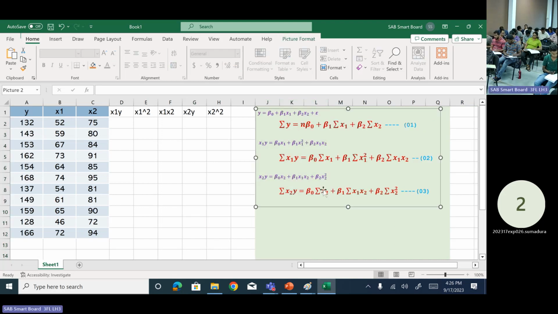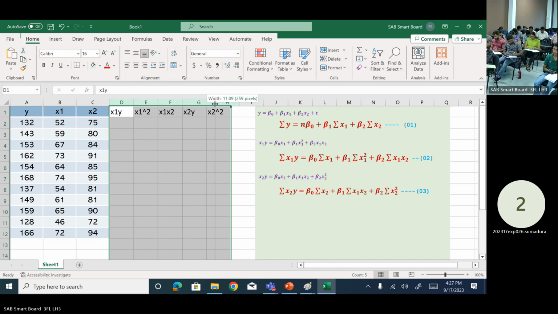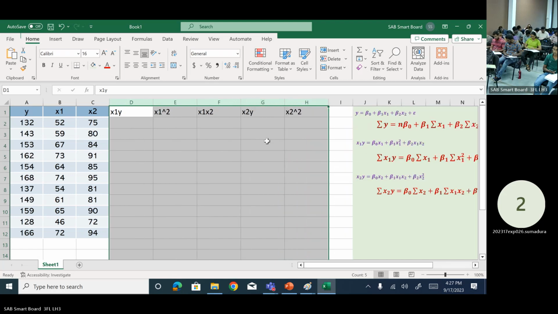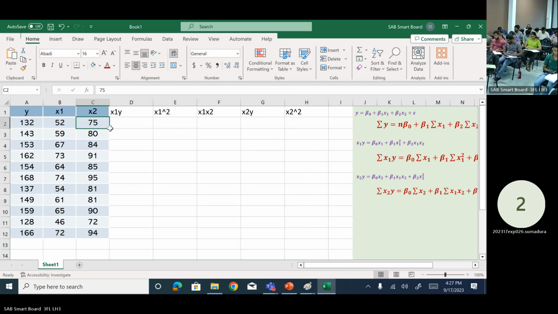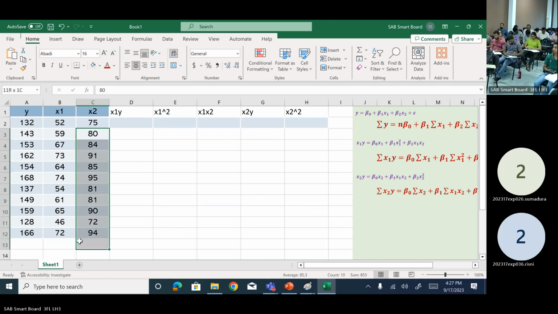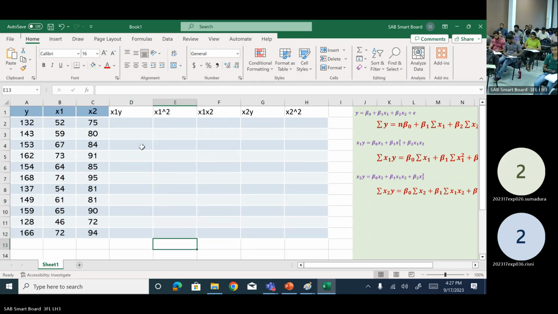So how we identify? By looking at this formula, the 3 formula. So x, y.